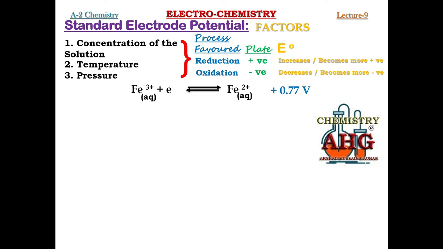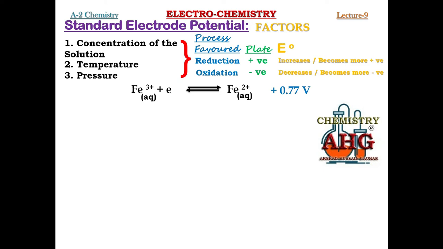So when reduction is favored in the forward direction, it means the half cell would become cathode and the plate would get positive charge. That is why reduction potential of this half cell would increase. It would become more positive. It means the numerical value would become mathematically greater than 0.77 volt.